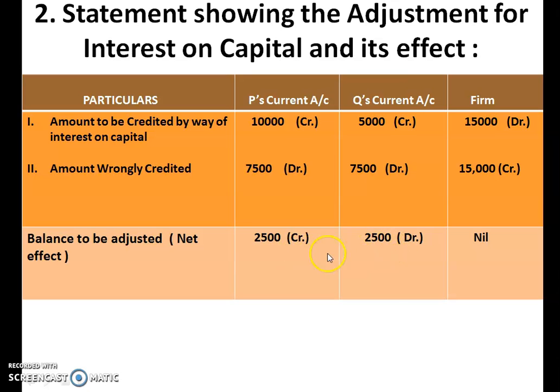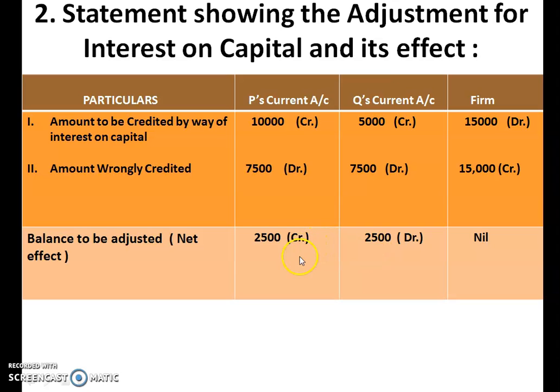Here, for the journal entry, you have to understand that last year we distributed the profit to the partners without considering the interest on capital. Now after adjusting for this interest on capital, how much profit will the partners adjust among themselves?